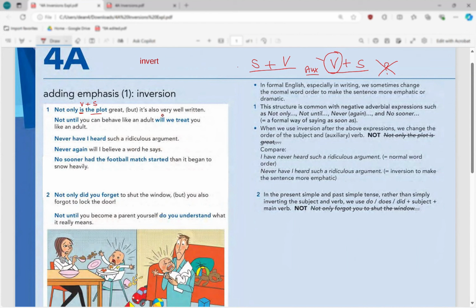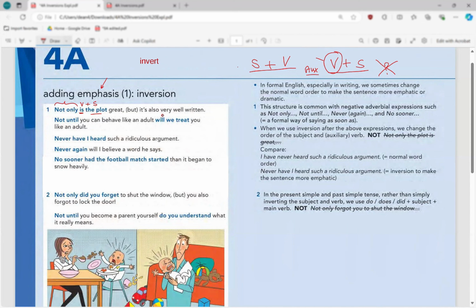So this is not a normal word order. So this is inverted word order. And why are we doing it? Because we are starting our sentence with a negative adverbial phrase, not only. And that is inversion. And why are we doing it? To add emphasis, to make our writing or speaking more emphatic, right?